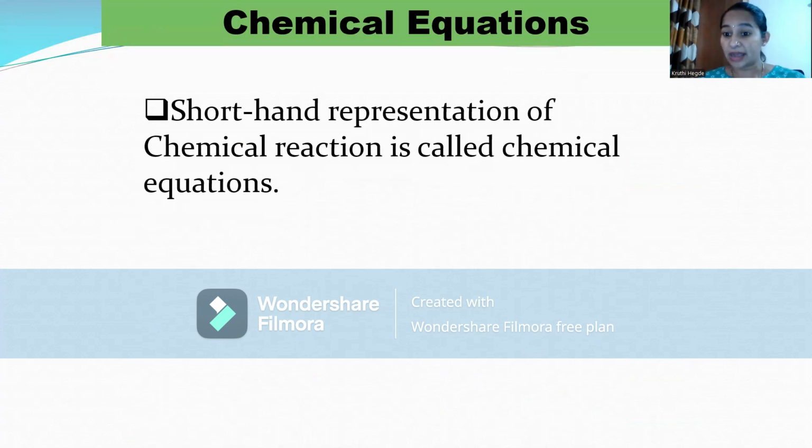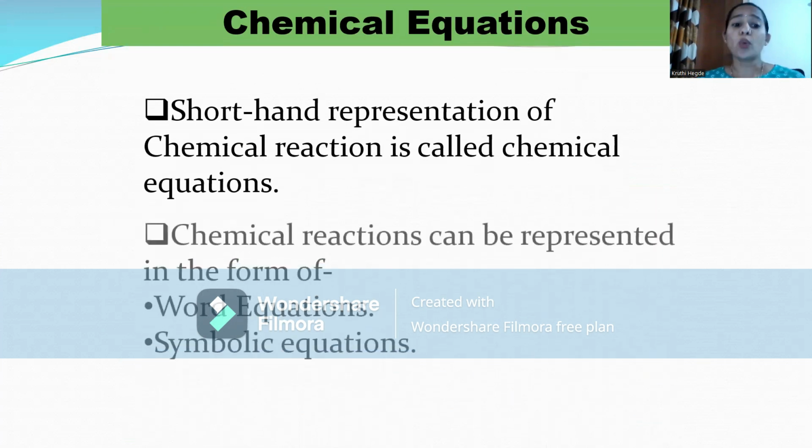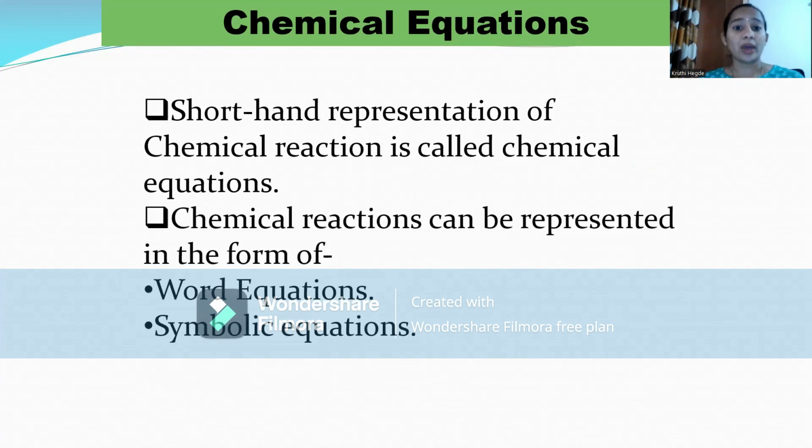Those chemical reactions can be represented in a short way as chemical equations. These chemical equations can be represented in two ways. One as a word equation, where we write the words of the reactants and the products. Or a symbolic equation, where we use the symbols of the reactants and the products.